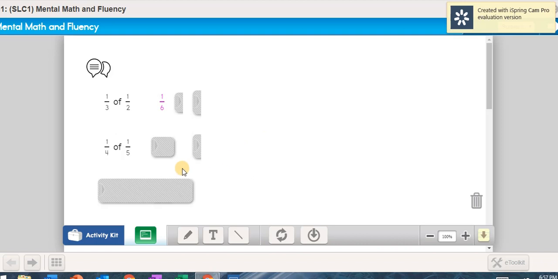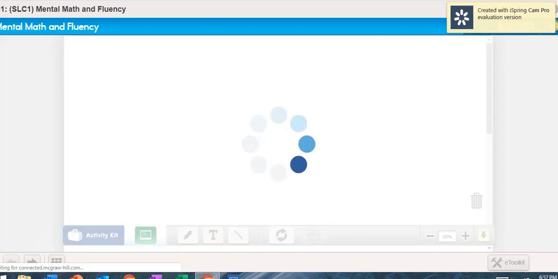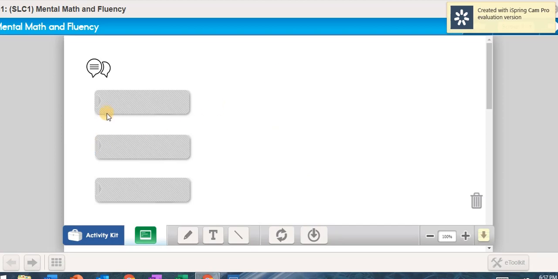1/4 of 1/5. 1/20, good. 1/2 of 1/4. 1/8, good job. 2/3 of 1/2. Remember, of just means multiplication.